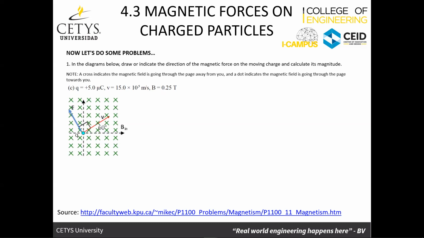In this case, the velocity of the charge is moving that way. The magnetic field is going into the screen, and that means that our thumb is going to be pointing upwards, where this line is here. So the force is going to be pointing that way. Remember that the force and the field are always going to be perpendicular.